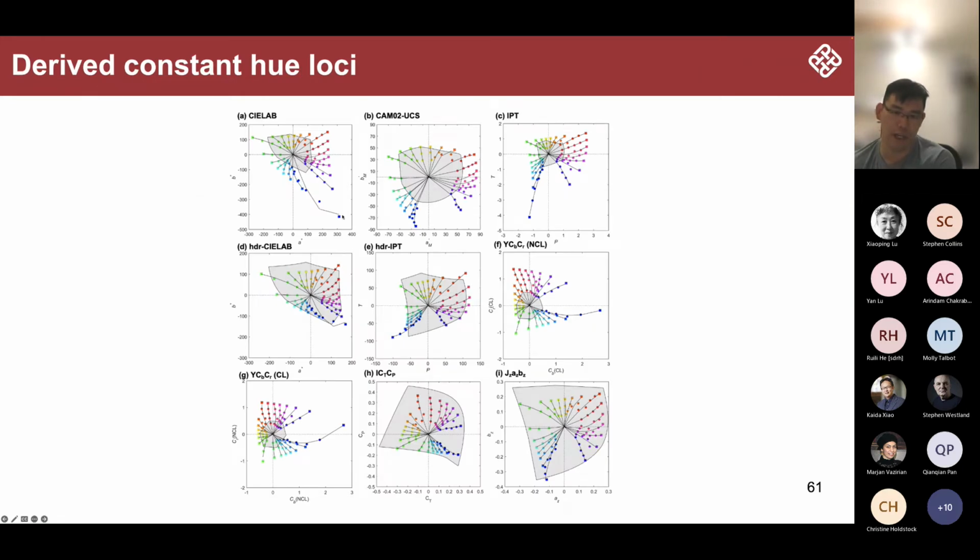Each line shows the same perceived hue. If the color space is pretty good, then all the lines should be vertical lines going to the origin. And you can see that CIE-ARB is not so good. This line is the blue color, which is what we know. And for the red, you also see it's not a straight line.